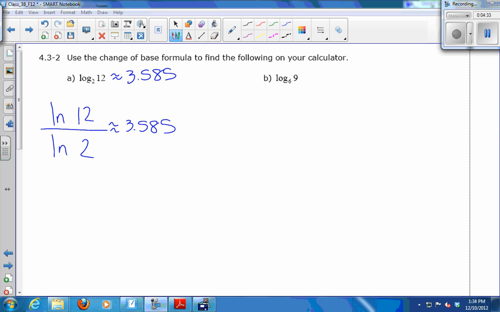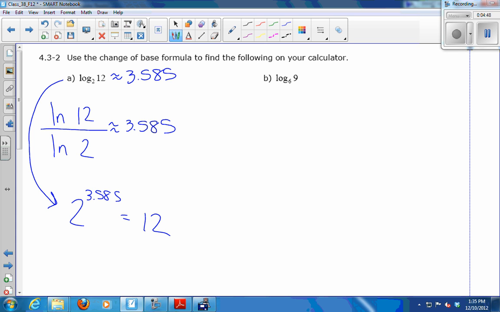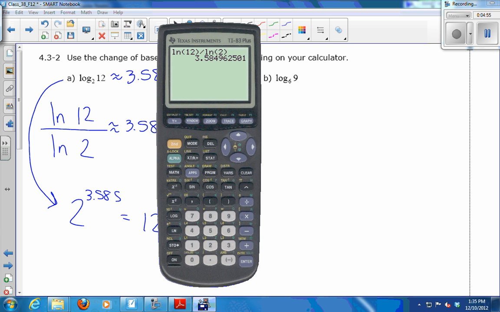If log base 2 of 12 is 3.585, what exponential equation does this thing correspond to? 2 to the 3.585 equals 12, right? This is how we check our work. Check that 2 to the 3.585 is 12.